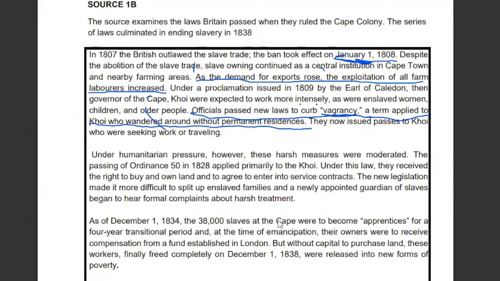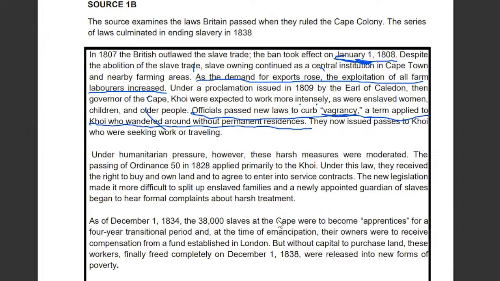If someone is a vagrant, we know a vagrant as a person who doesn't have any fixed abode. They do not have a permanent residence. They just stay anywhere, anyhow, like people on the streets with no fixed place of stay. Those are vagrants. So the Khoi were also regarded as vagrants because of the impact of colonialism.